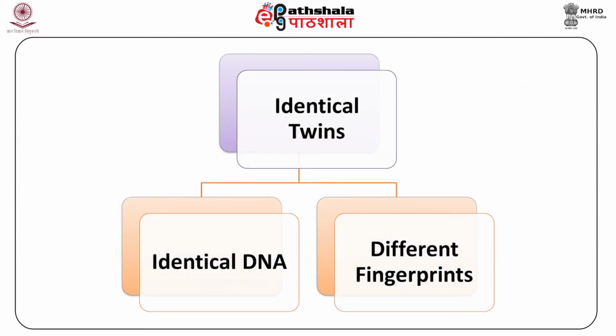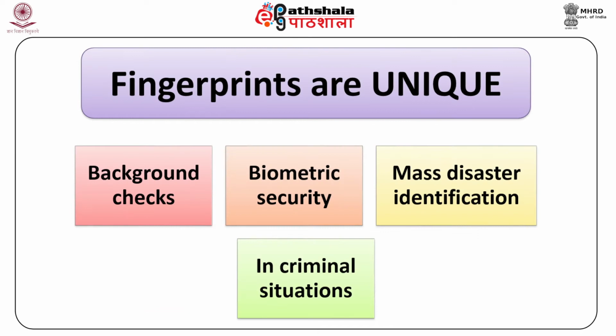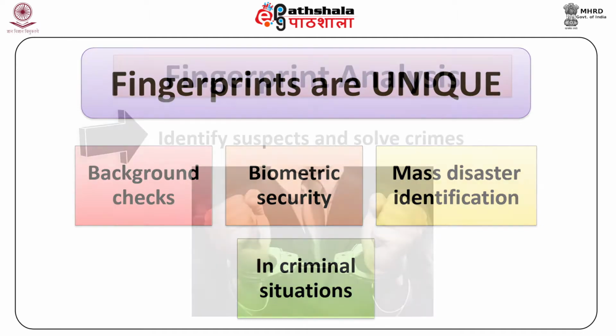Even identical twins with identical DNA have different fingerprints. This uniqueness allows fingerprints to be used in all sorts of ways, including for background checks, biometric security, mass disaster identification, and of course, in criminal situations.